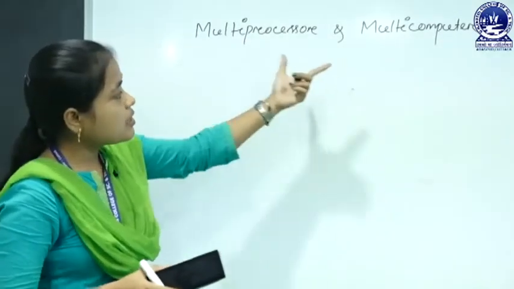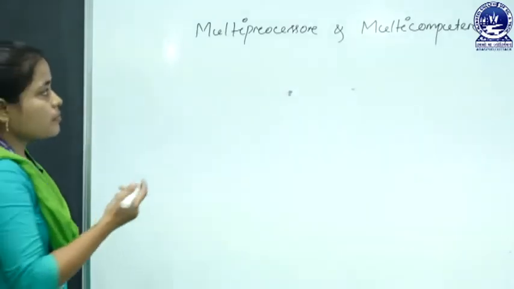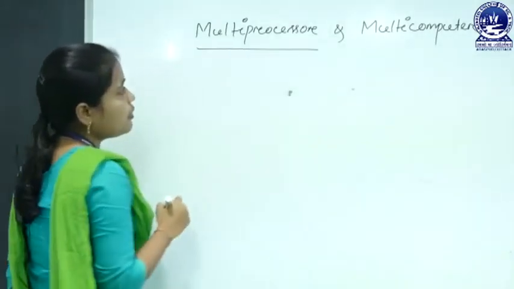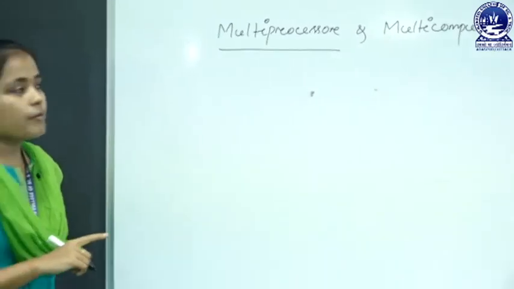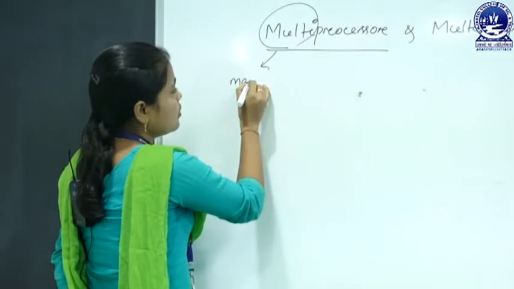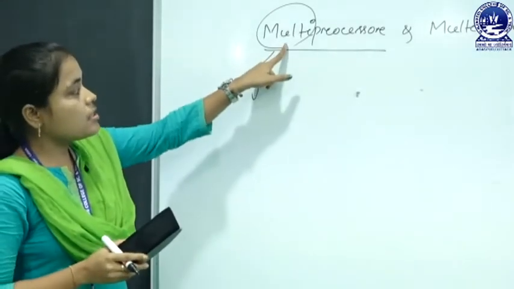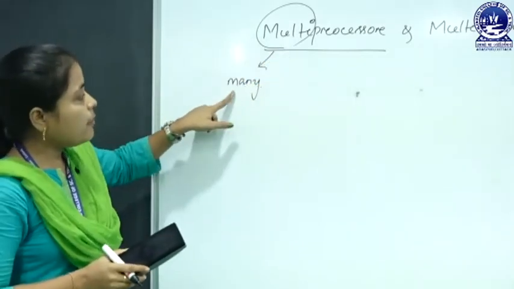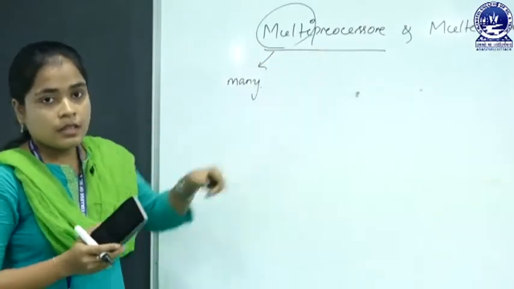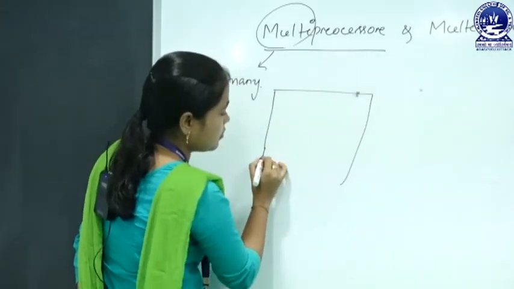By using this concept, we can speed up a computer system. See how? So, what do you mean by first, multiprocessor? Multi means many. Okay. That means, in a multiprocessor computer system, we are having many processors. That means, we are having a simple computer system.